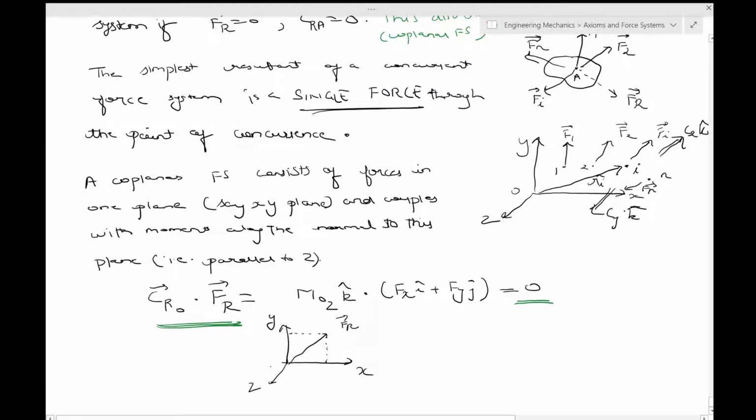This is Z, yes, and this can be O. This is the arrow CRO. So this is a resultant at O, which is essentially the resultant force and the moment.